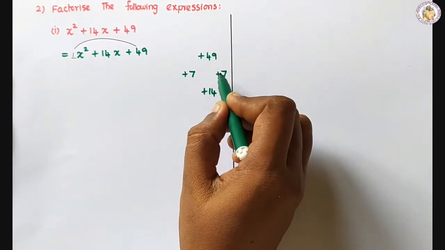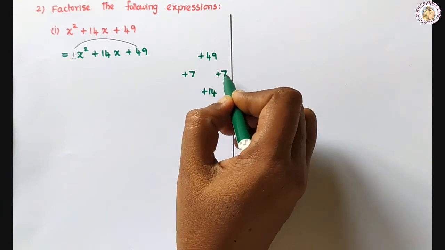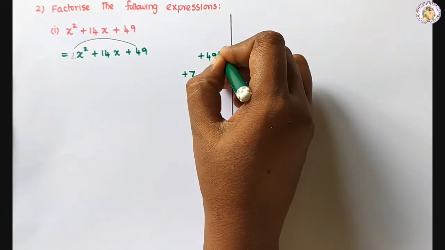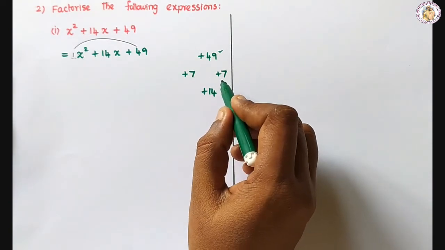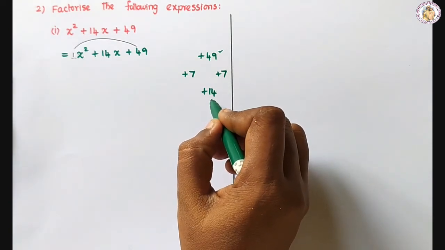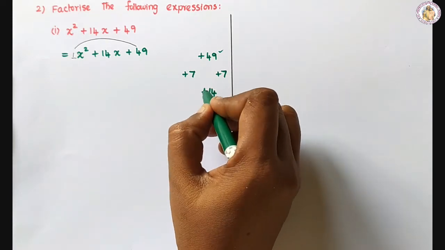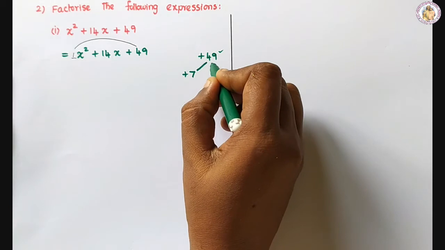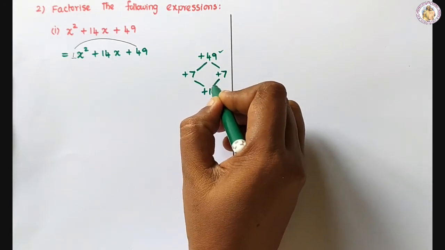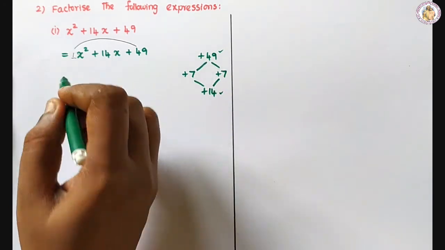Plus into plus, plus 7 sevens are 49. So that is right. And here both the signs are same, so we add the numbers and we get 14. Put the same sign, so that is also right. So the numbers are plus 7 and plus 7.